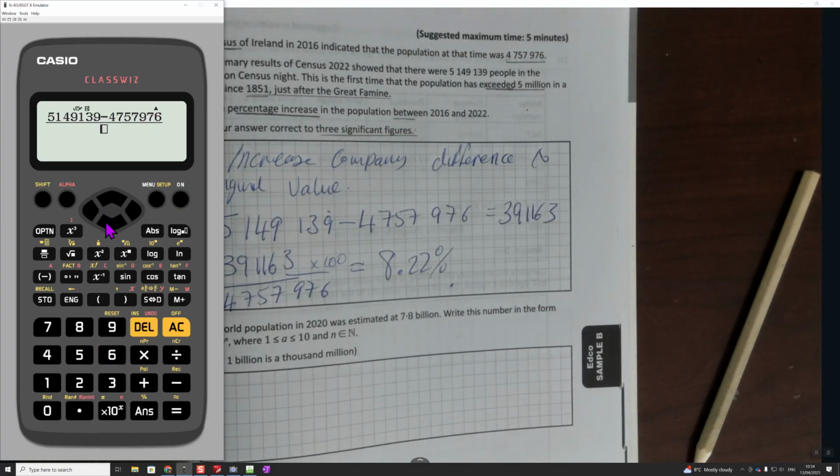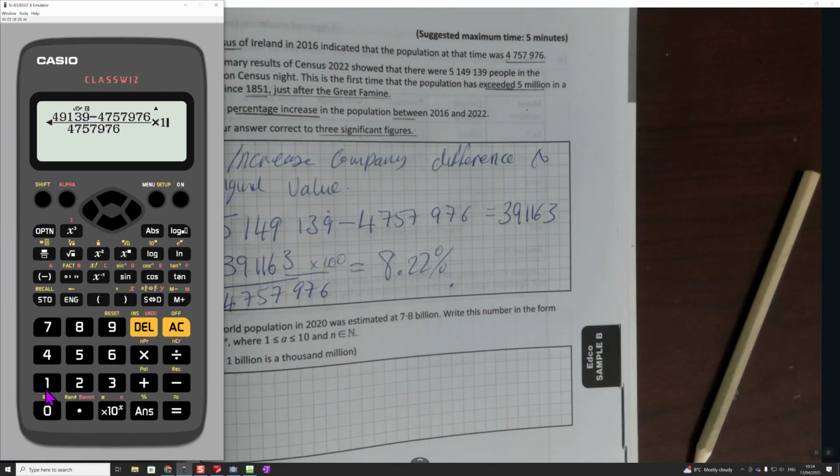That's the difference divided by 4,757,976. And then to come out to the front and to multiply by 100.